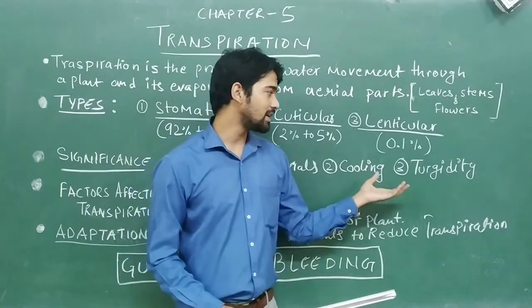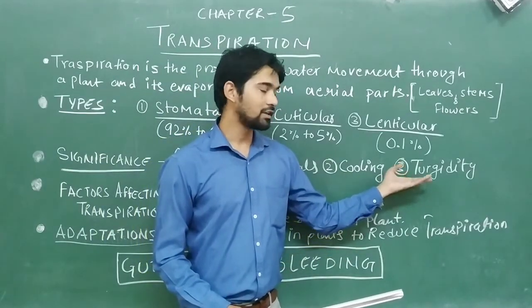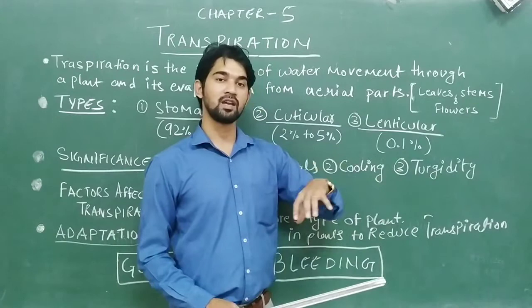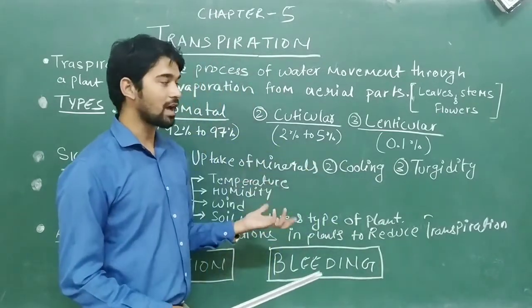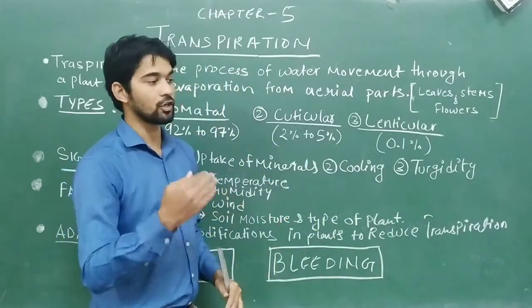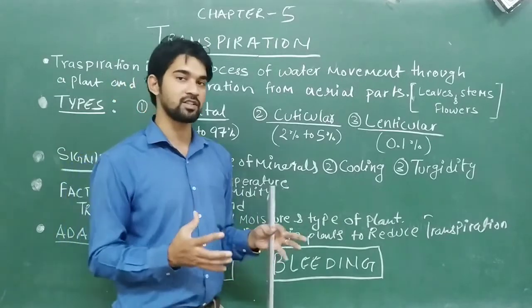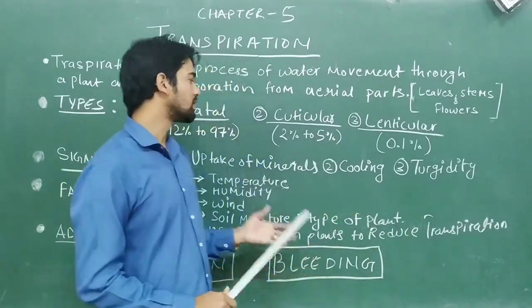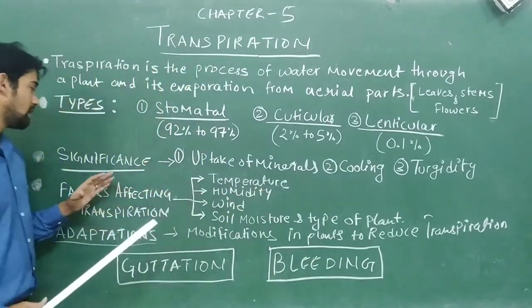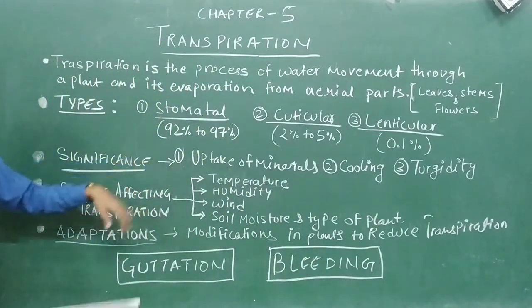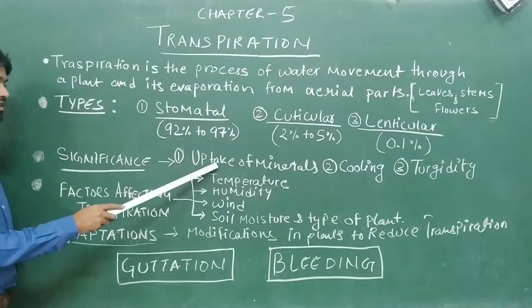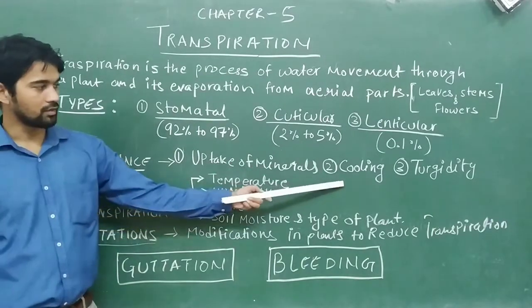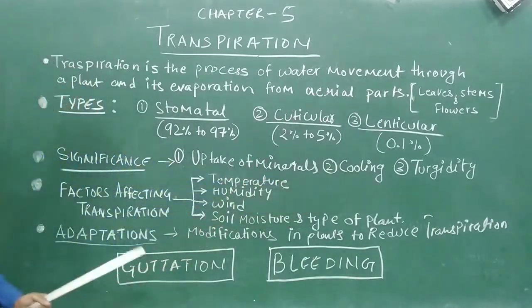At the same time, when transpiration is happening, it is reducing the excess pressure inside the plant. So the significances of transpiration are these 3 points. One is uptake of minerals, the other is cooling, the third is turgidity.